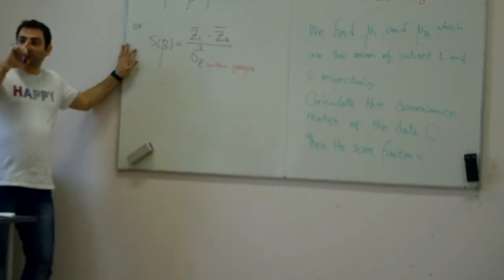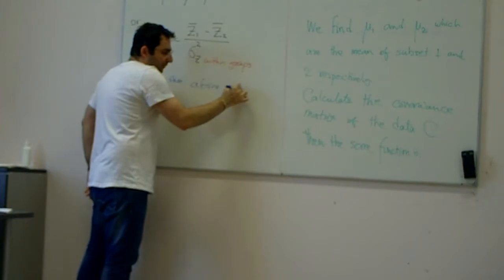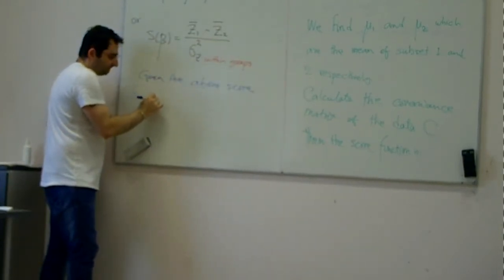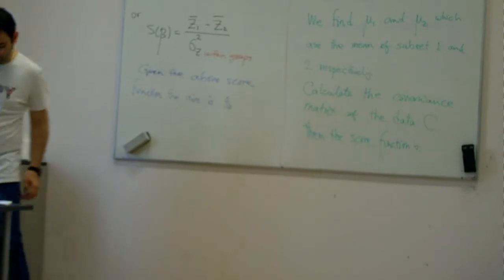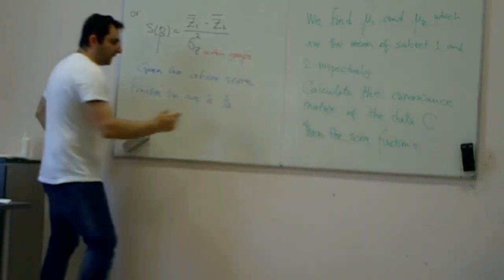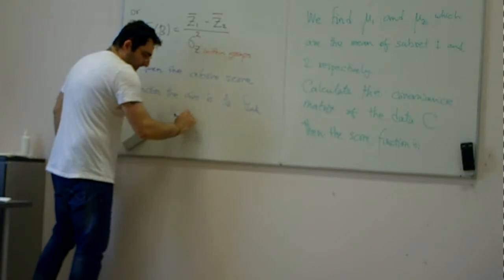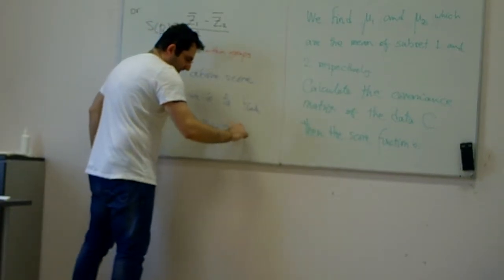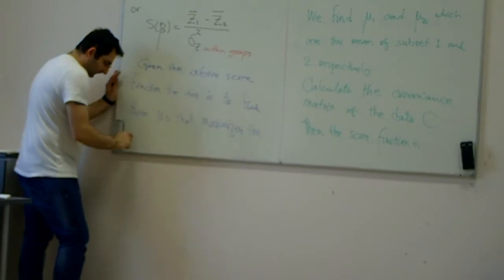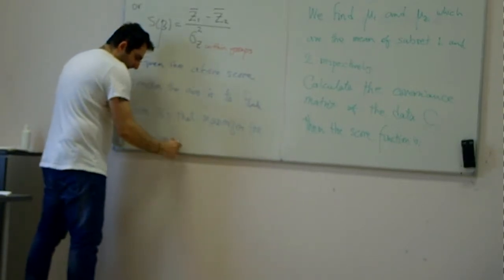So this is the S-score function. So what is the aim? Given the above score function, the aim is to find those betas that maximize the separation between classes.